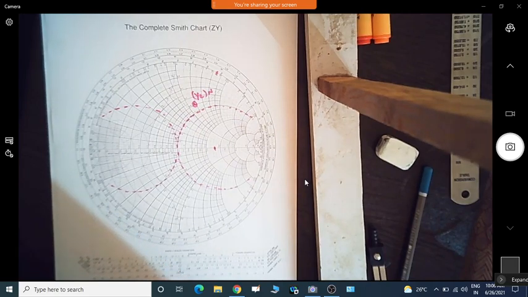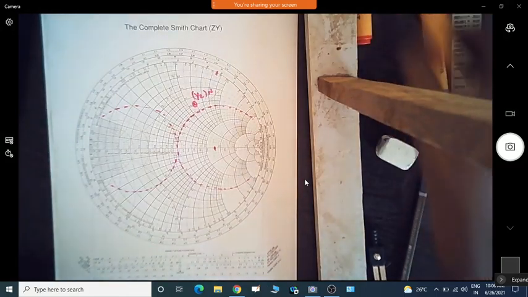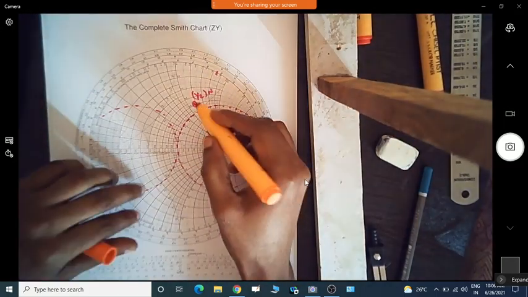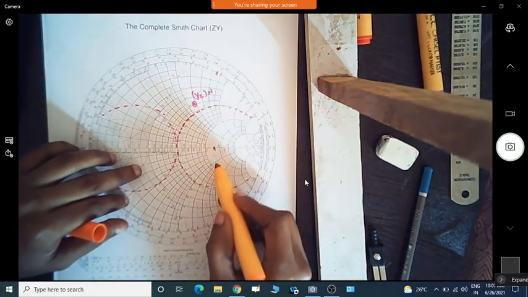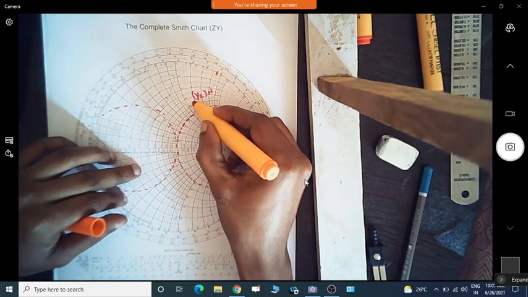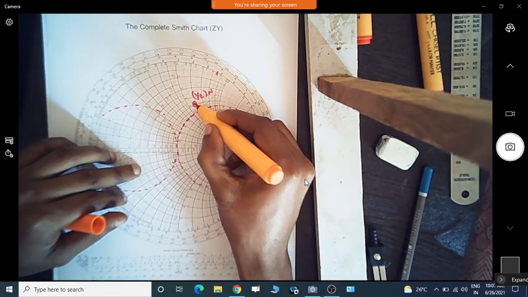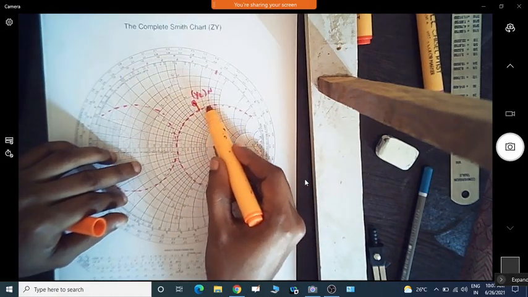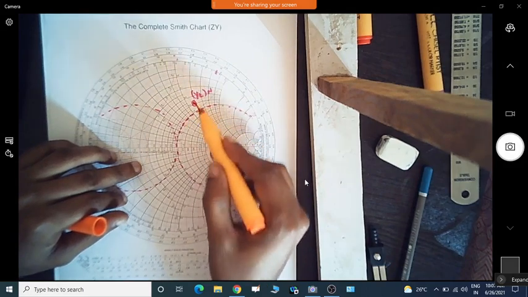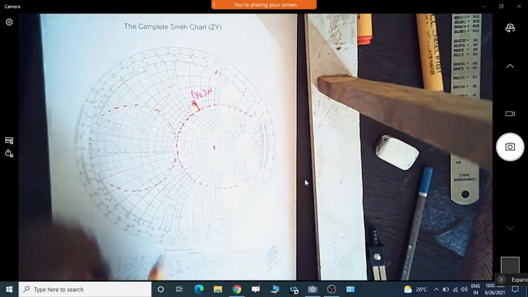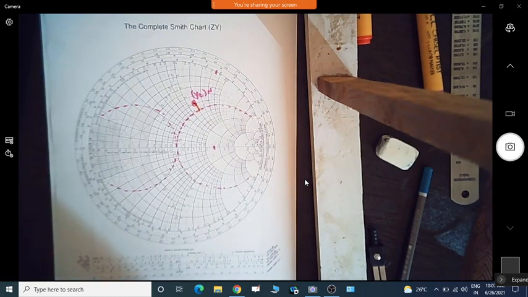The first solution we can do by moving on the conductance circle, where I move till the unity resistance circle. This much only I have moved. Now if I move on the conductance circle downwards, which is the element?